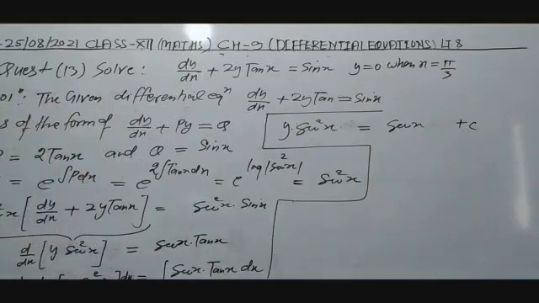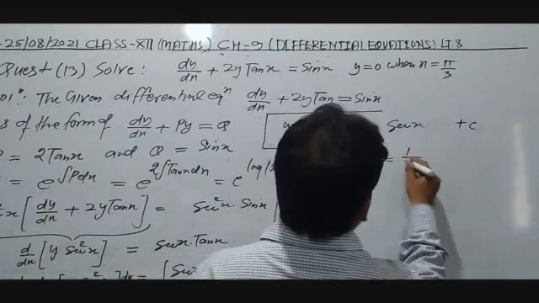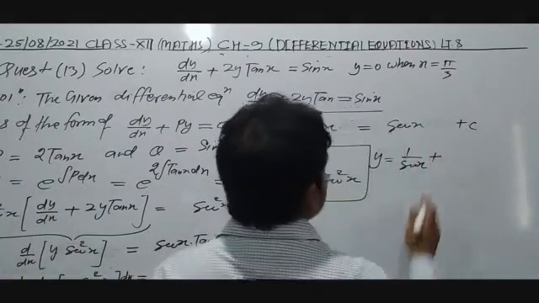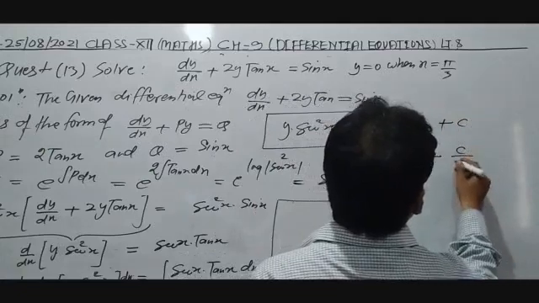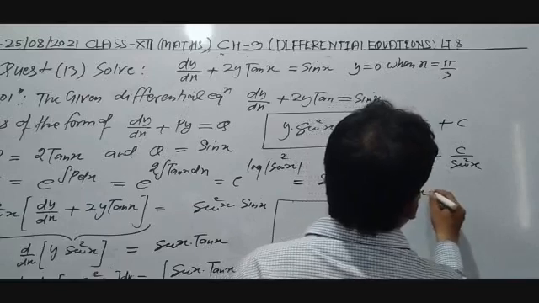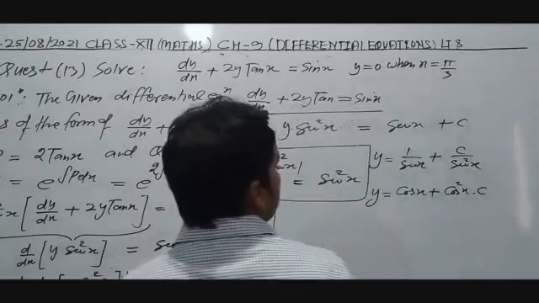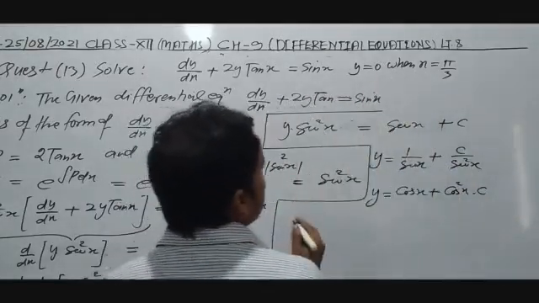Now what can we write for y? So y is equal to 1 upon sec x plus c upon sec²x. Now we can write y as cos x plus c times cos²x, and we know y is equal to 0 when x is equal to pi by 3.